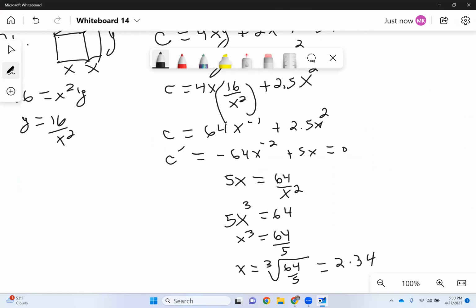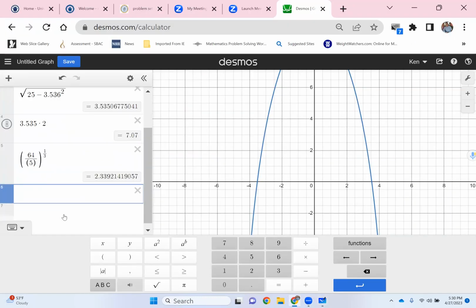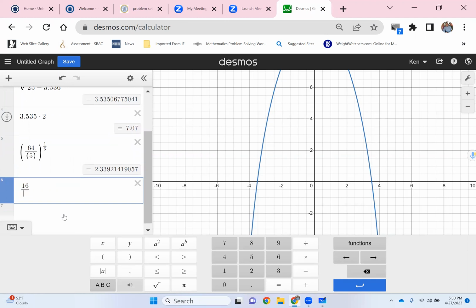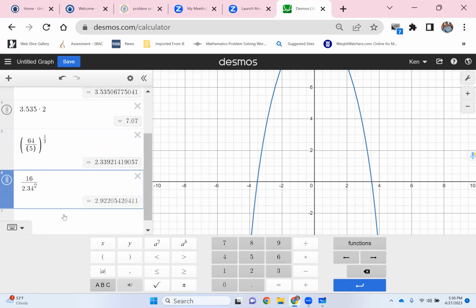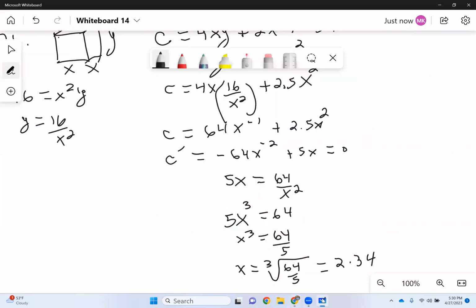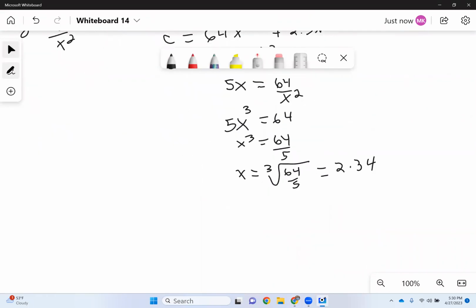And then y is going to be 16 over x squared. So let's do 16 over 2.34 squared. 2.92. Those are some funny numbers. So y equals 2.92 and x equals 2.34.